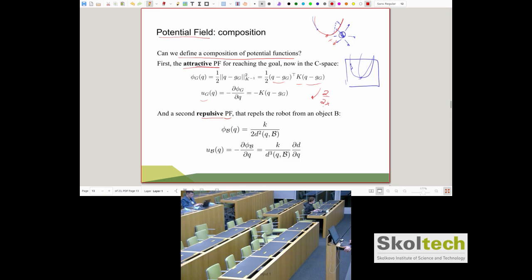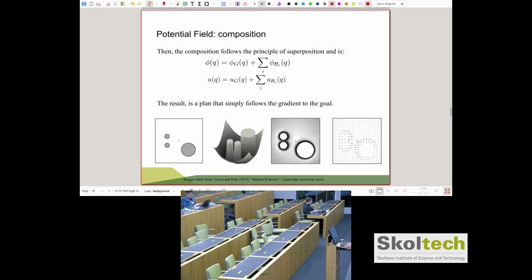So then what we were saying is, okay, now in this environment, you could be defining an object, and although you have an attractive field, how can you combine this with a repulsive potential field? And the great thing about it is that the superposition principle works here. So you could have two potentials, just sum them up, and then get a new potential. So it works like this.